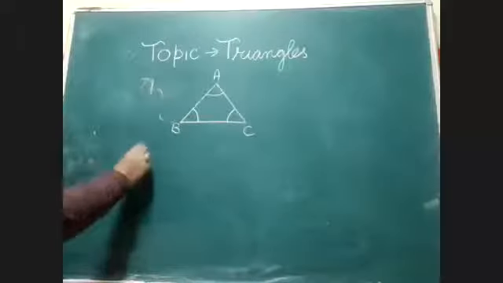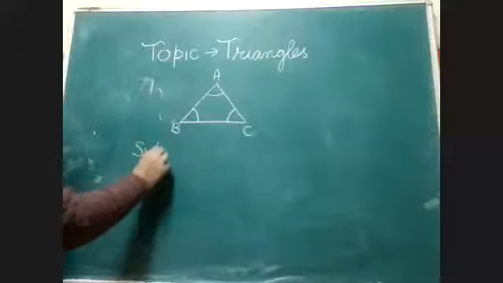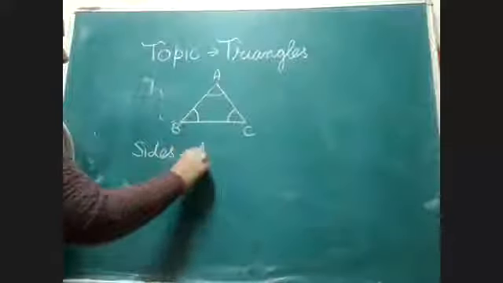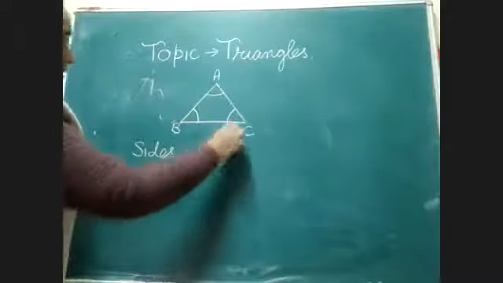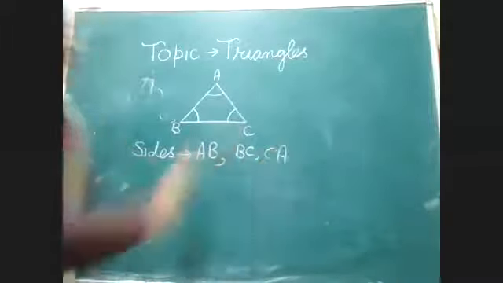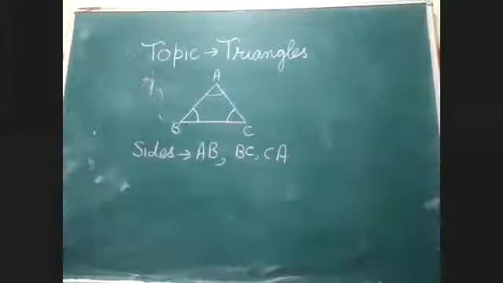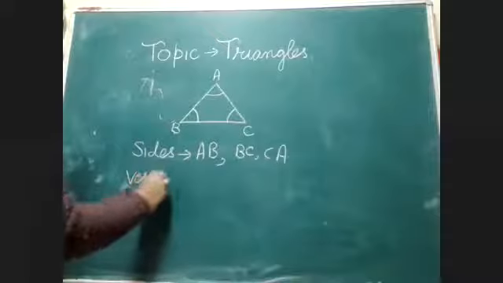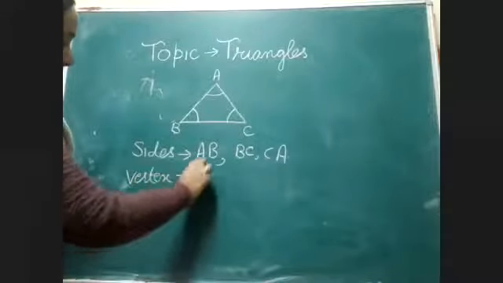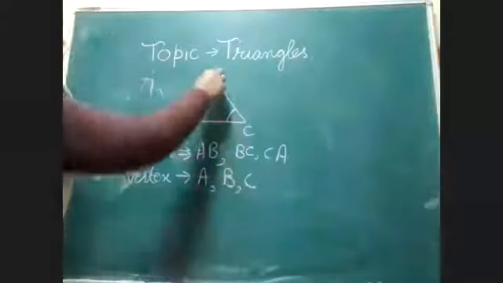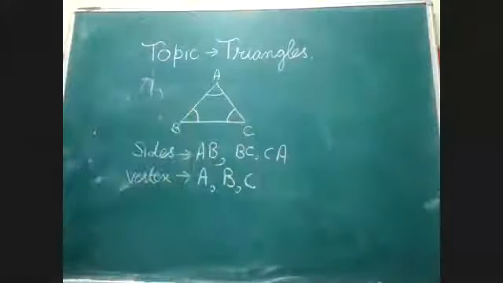The 3 sides are AB, BC, CA. Now the vertices of the triangle are points A, B and C. These are the three vertices of this triangle.